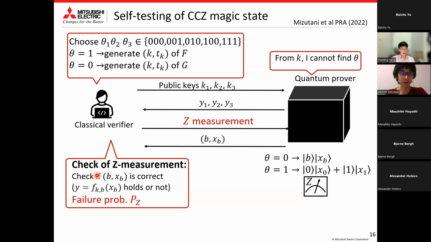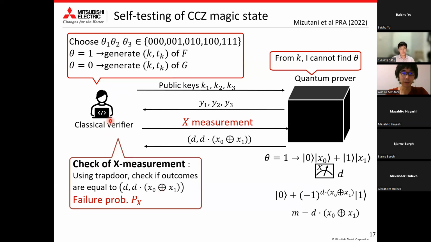The verifier checks if the prover's outcomes are correct or not. Correct means that this B and XB satisfy this equation y equals f(x), and the failure probability is denoted by PZ. This means that this is the probability of obtaining the wrong outcomes. So this procedure corresponds to the check of the prover's Pauli Z basis measurement.